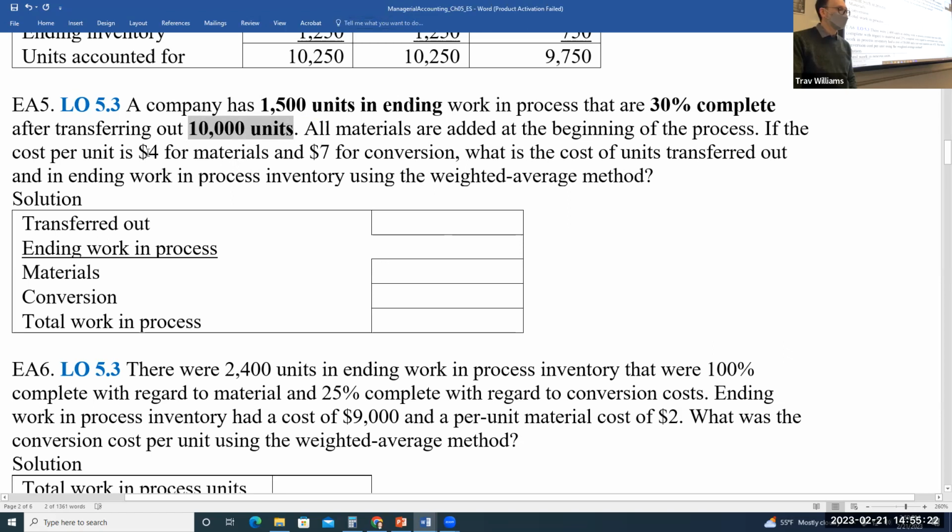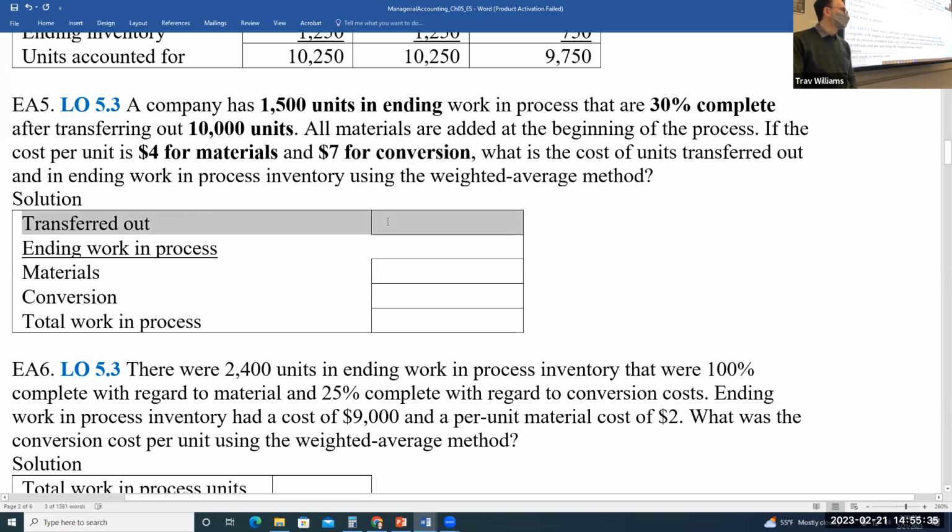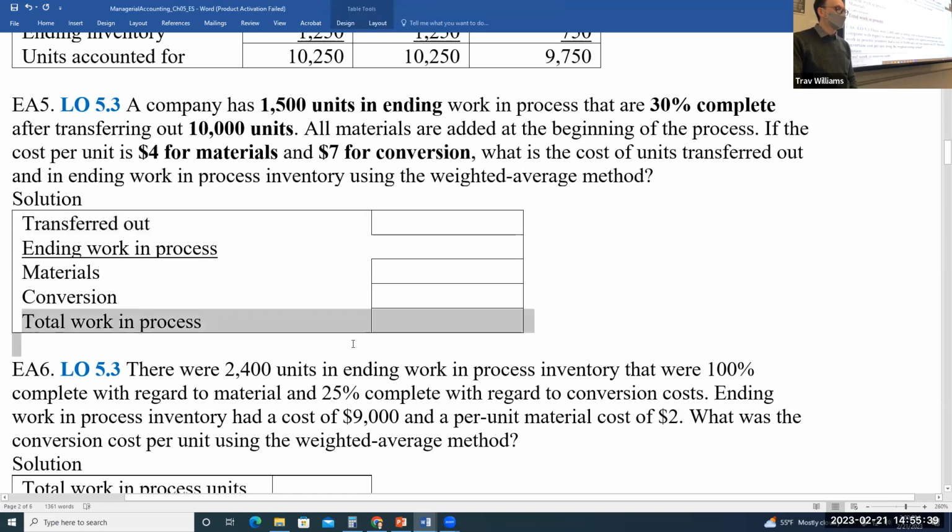Okay, cost is $4 per unit for materials, $7 per unit for conversion. We have to figure out the cost of what got transferred out. So even though it doesn't say transferred out cost, that's what they want here. And the cost of what's still in process, which, as we know, we have to calculate materials separately from conversion.